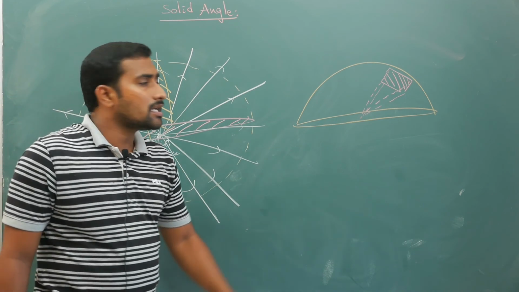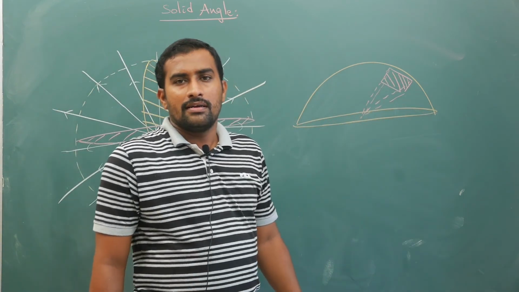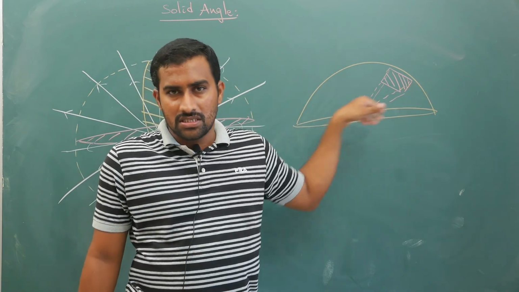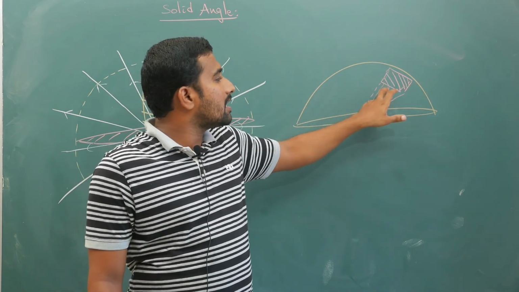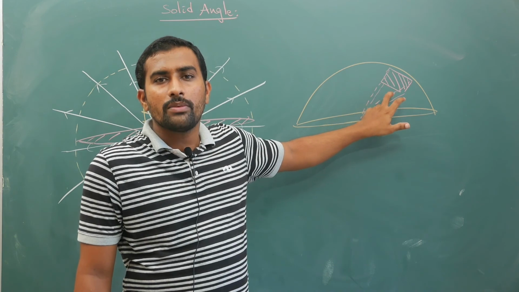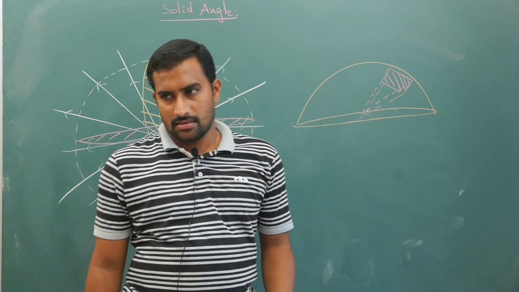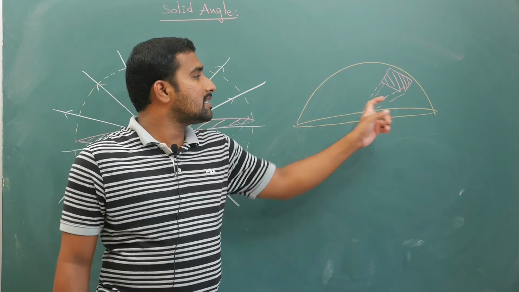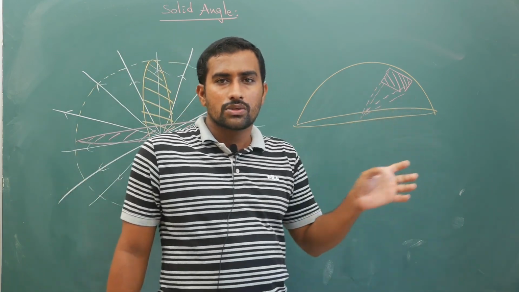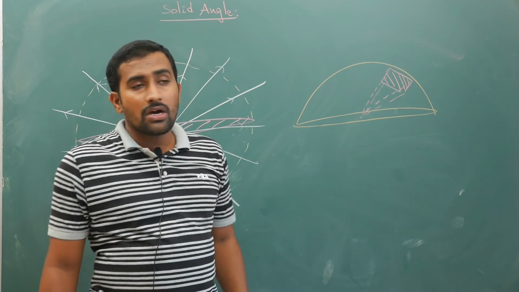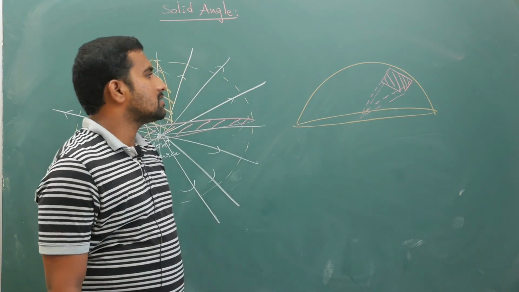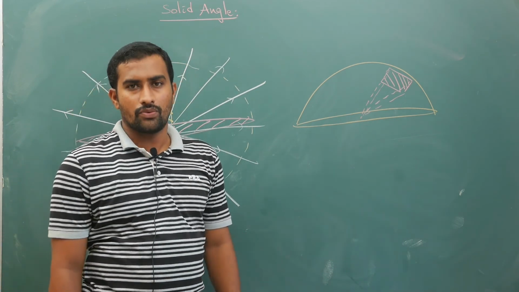Now, instead of the full hemisphere, let us say 100 lines are going through this half hemisphere, and across this part if I ask you how many lines will go through, then we need to give the answer. Giving the answer in this case is not so easy, because you cannot divide it symmetrically just as you wish.